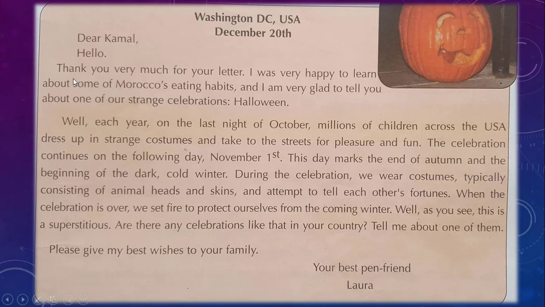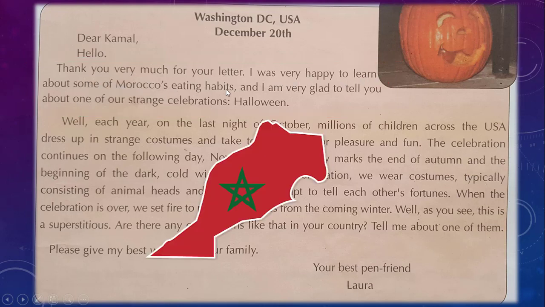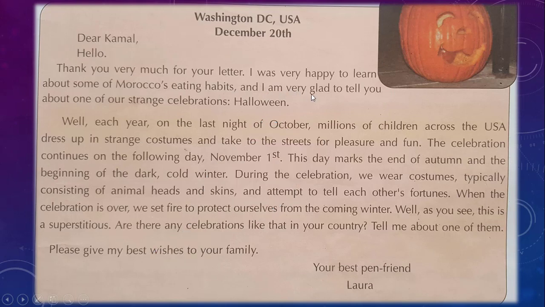Now, let's read this letter and see what it is about. The first paragraph is this one. Thank you very much for your letter. I was very happy to learn about some of Morocco's eating habits. And I am very glad to tell you about one of our strange celebrations, Halloween.